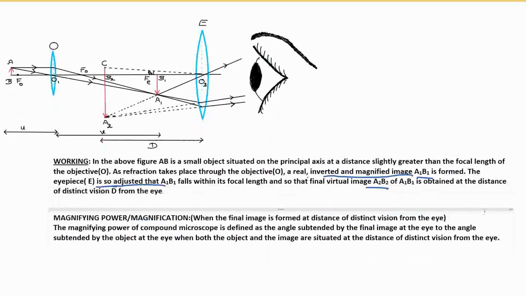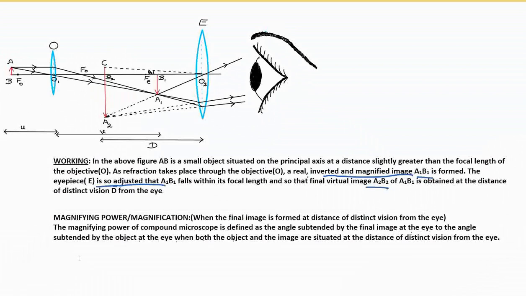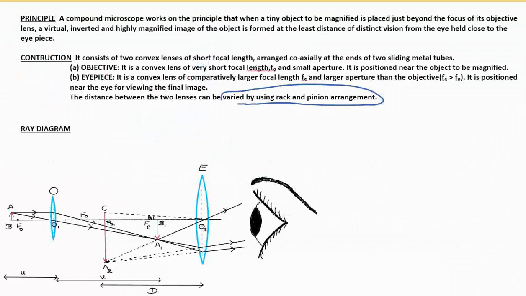And this is the magnification or magnifying power of a compound microscope. As I told, the magnifying power of a compound microscope is defined as the angle subtended by the final image at the eye to the angle subtended by the object at the eye when both the object and image are situated at the distance of distinct vision from the eye. So now let us do the derivation.